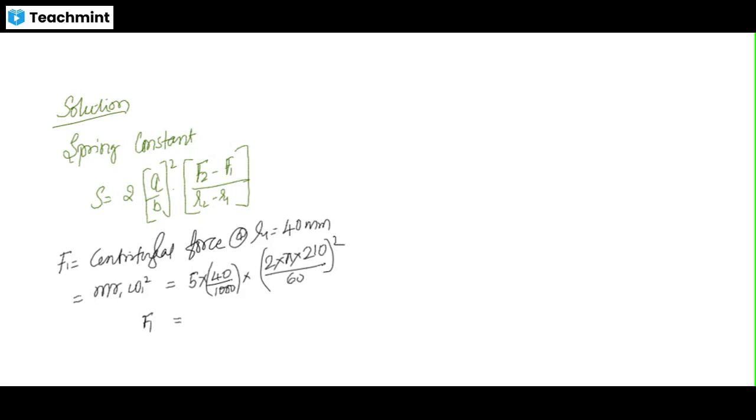What is the omega value? 2 pi N by 60 gives 21.99.